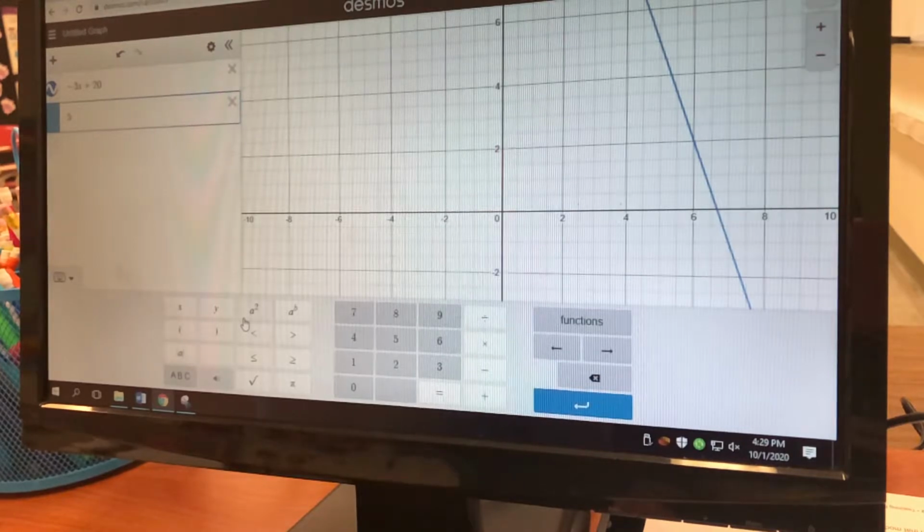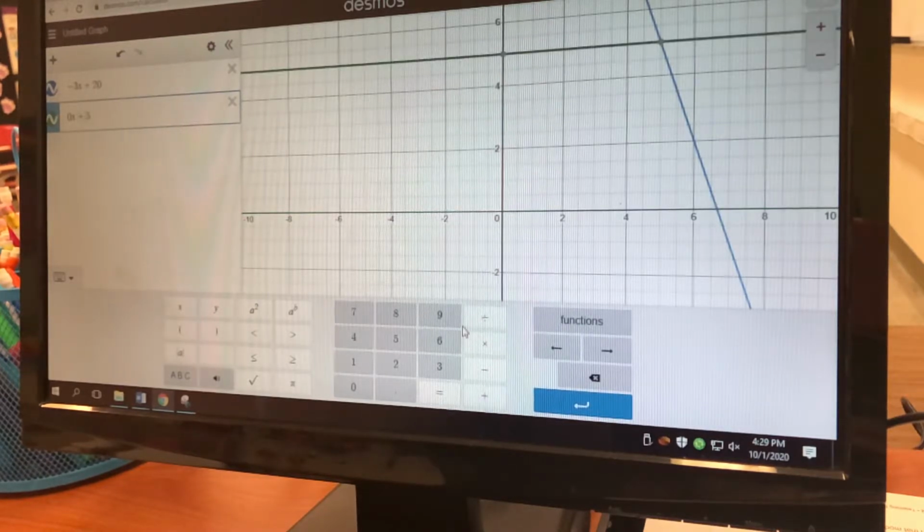Just so I can use this program, I'm going to type 0x plus 5. And now I have my constant of 5 here. So I have graphed the negative 3x plus 20 here and the constant of 5 here.